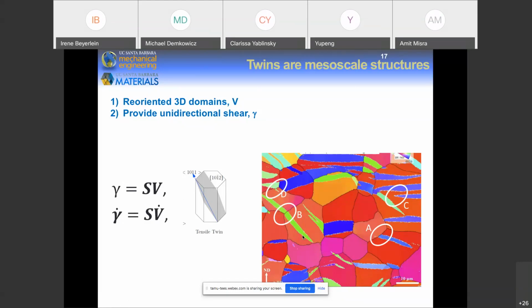Okay, so may I say that if we consider a constitutive relation, I can just add this shear component to the constitutive relation? And also, the V, the reoriented 3D domains, V is not a phenomenological variable. It's a microscale variable. How to implement this equation?